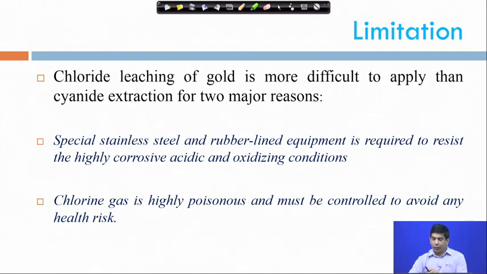Chlorine gas is highly poisonous and must be avoided because of the health risk. If you go on YouTube and look at how e-waste is managed in the informal sector, you will see that people use aqua regia in a highly open atmosphere without any kind of air pollution control, and the chlorine gas and other fumes are released.